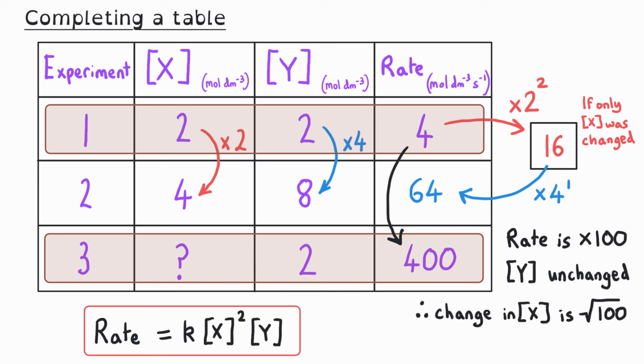And so the change in the concentration of X must be equivalent to the square root of 100, which is 10. And so that means that the concentration of X must have been multiplied by 10, and then 10 squared is 100, and this explains why the rate of reaction is 100 times larger. And so this new concentration of X must be 20.